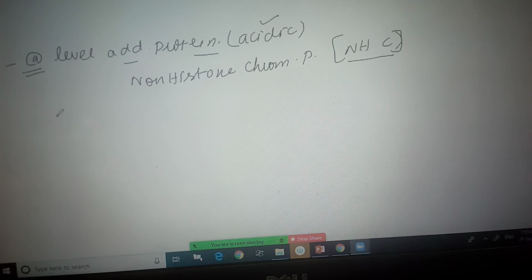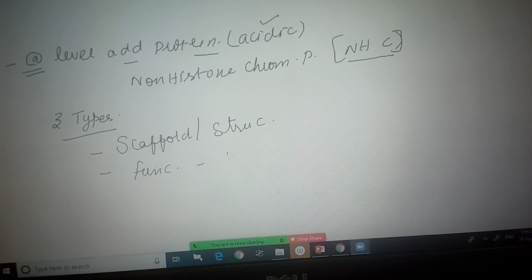Now NHCs are of 3 types. First one is the scaffold or structural NHC. Next comes the functional NHC. They are nothing but polymerase enzymes. Polymerase enzymes are of 2 types: one is DNA polymerase, the other is RNA polymerase.